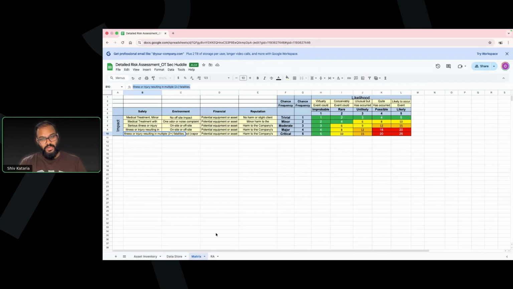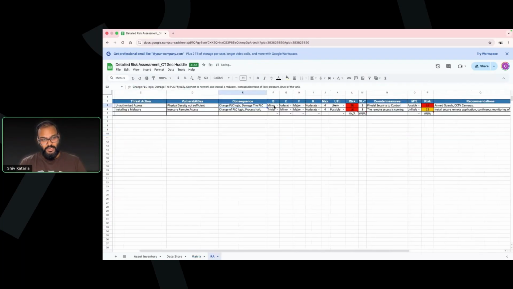Based on that, you calculate these impacts, and whatever is the highest, you only consider that. So in this case, the environmental impact or the safety impact is the measure, and the number assigned is 4 here. So you have considered 4, and then you see the possibility of such an event happening.